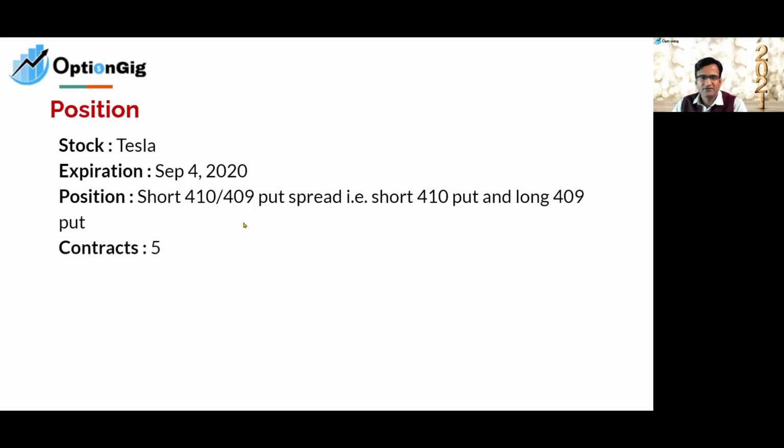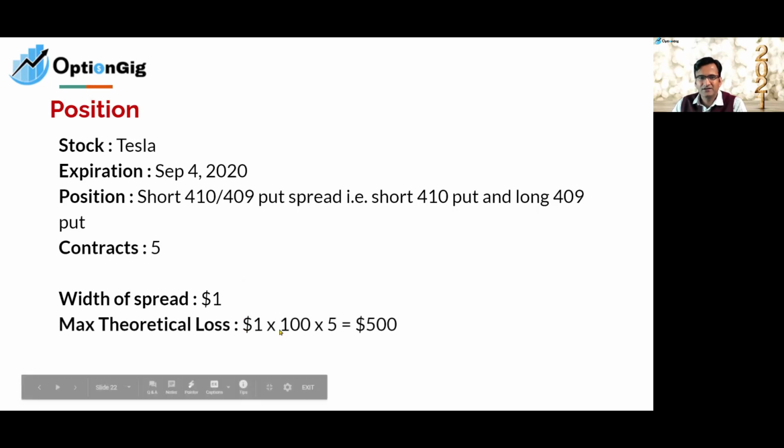He did 5 contracts of it. The width of the spread is $1, so the theoretical maximum loss in one contract is $100, and he did 5 contracts, so the maximum loss will be $500. He was okay to lose $500; his portfolio was capable of that maximum loss.